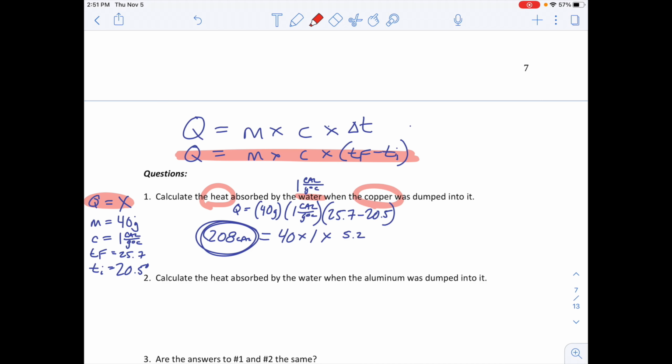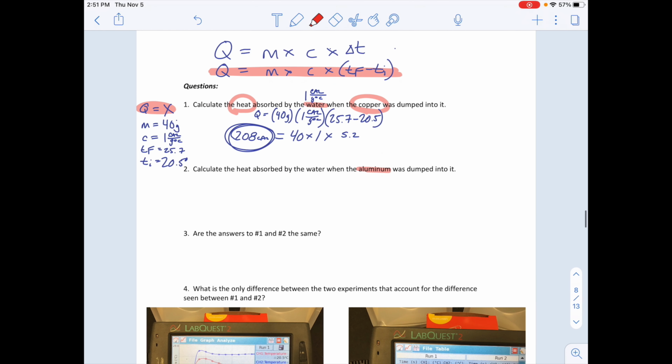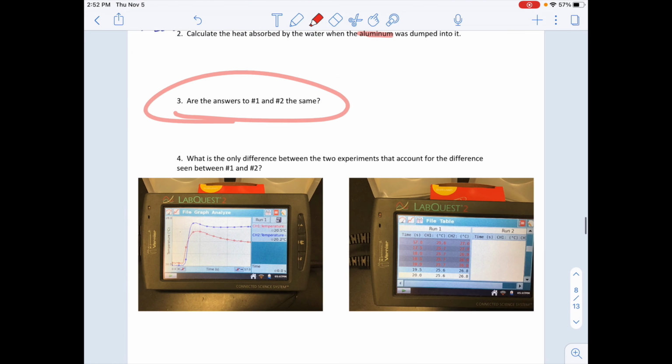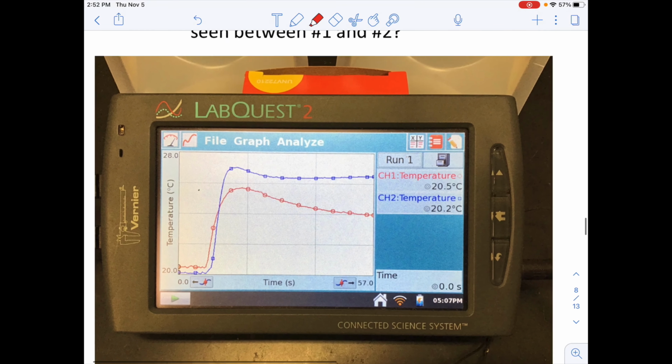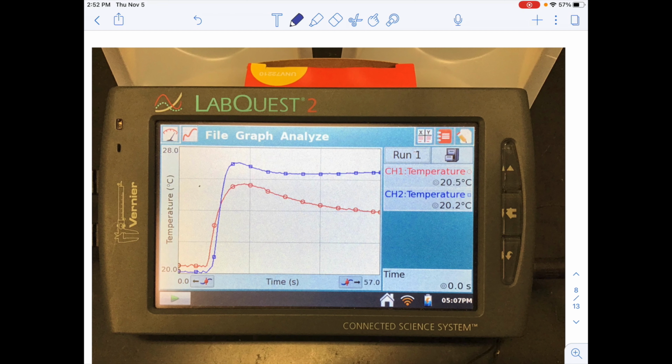Well, now this wants to know about the aluminum, and then it asks, are they the same? Why or why not? So we're looking at our graphs here. We do want to make sure we know this was our aluminum line, and this was our copper line.